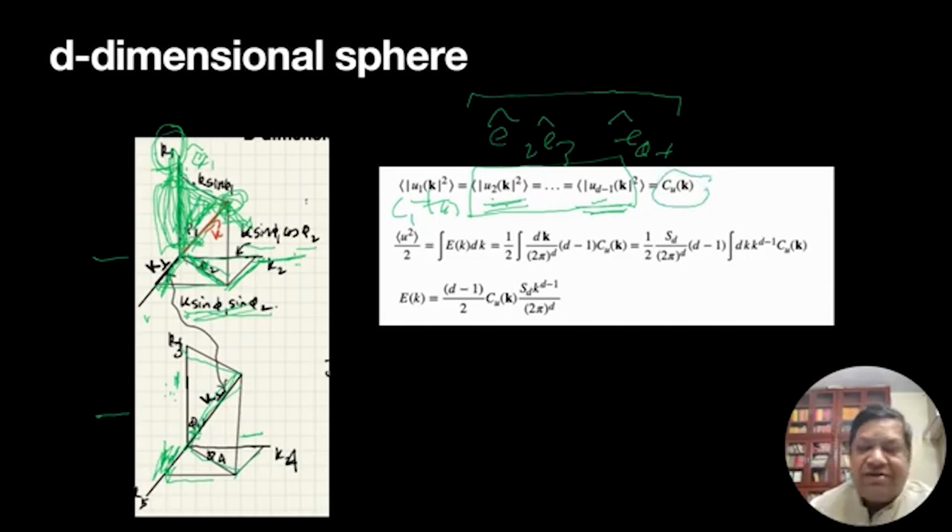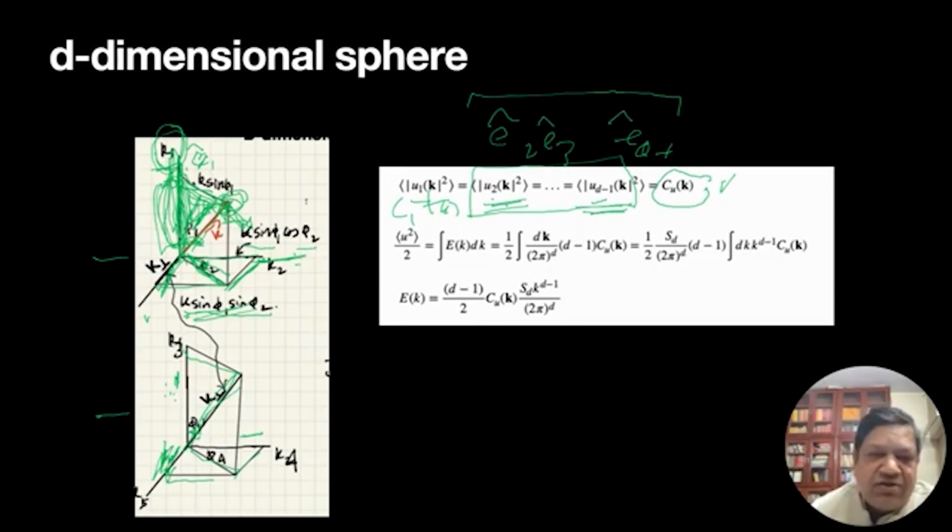For isotropic flows, which will be assumed for this lecture, all the components have equal energy. So we'll say that u1 squared, u2 squared, u3 squared all have the same energy, and that is Cu of k. So C of k is the energy of a component. It's not the total energy.